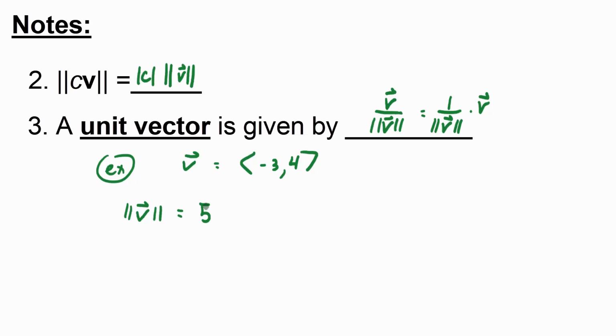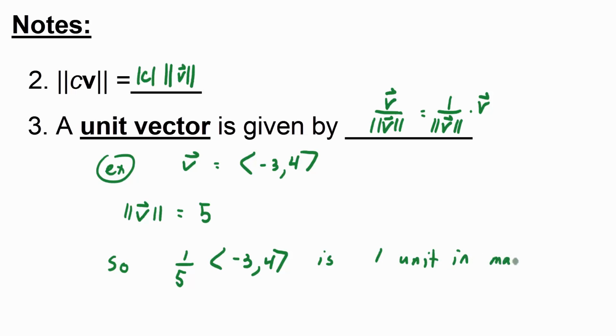So according to that note above, I should be able to scalar multiply v by 1/5, and the resulting vector should have magnitude 1 unit long. So 1/5 times the original vector, -3, 4, is 1 unit in magnitude.